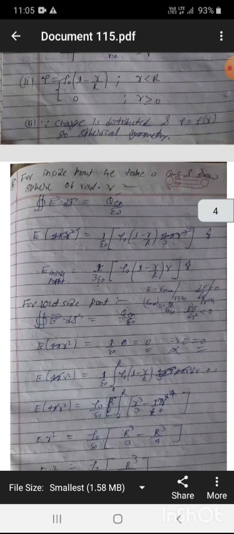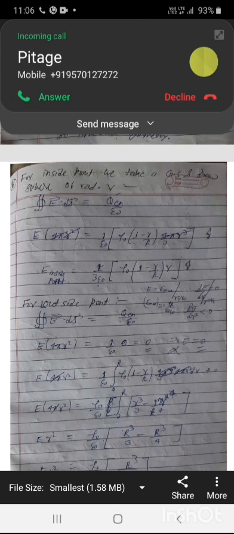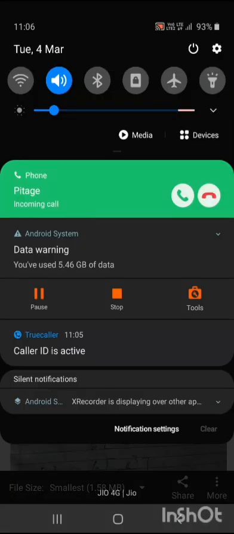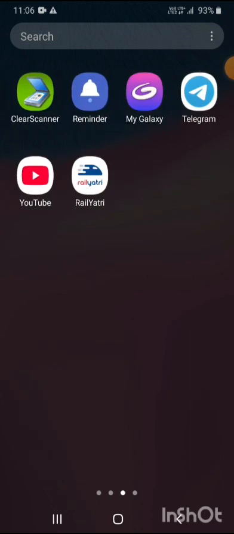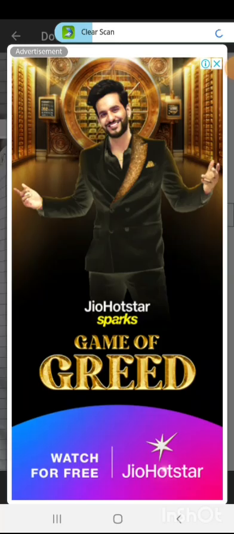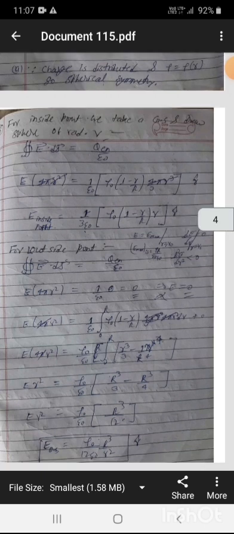So first we will calculate electric field for inside point. So for inside point we draw a Gaussian surface. Applying Gauss law we get closed integral of E dot ds equal to q enclosed by epsilon naught.